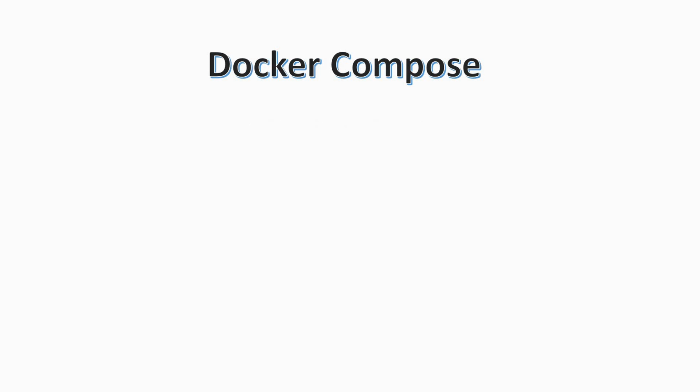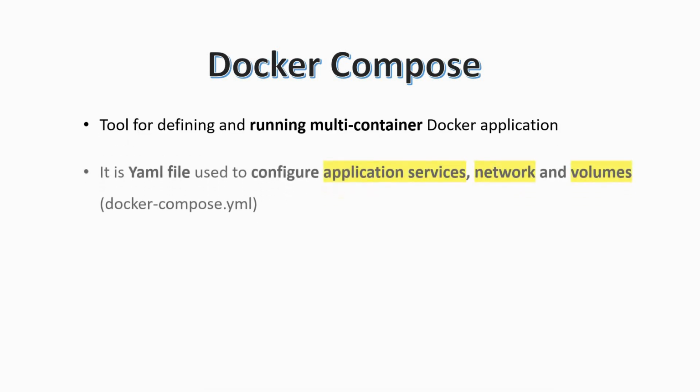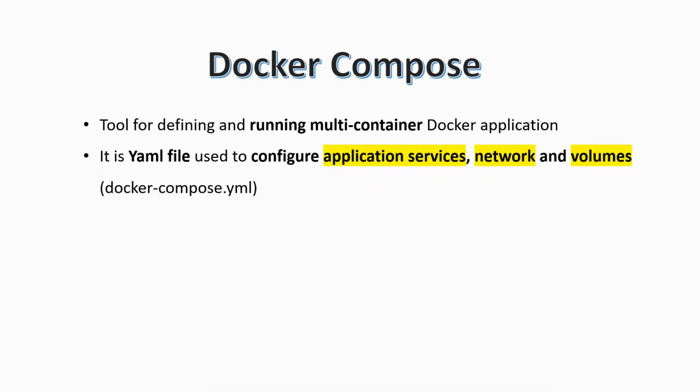Now the second point is that it is a YAML file, and YAML is yet another markup language. So this is a file which is both human readable as well as machine optimized, so it is very easy for both parties to understand and parse.